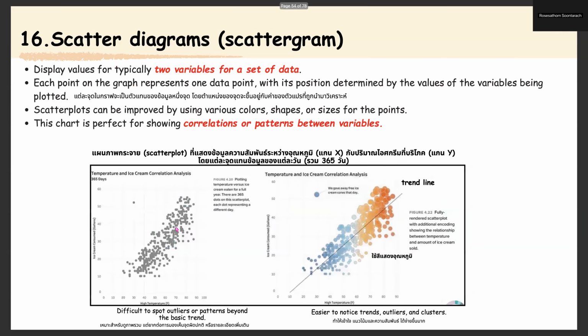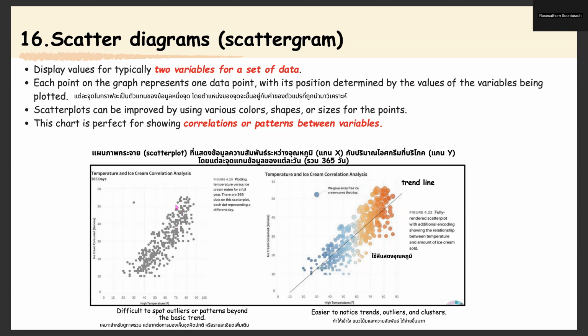Scatter diagrams or scattergrams. This can display values for typically two variables for a set of data. Each point on the graph represents one data point, whose position is determined by the values of the variables being plotted.